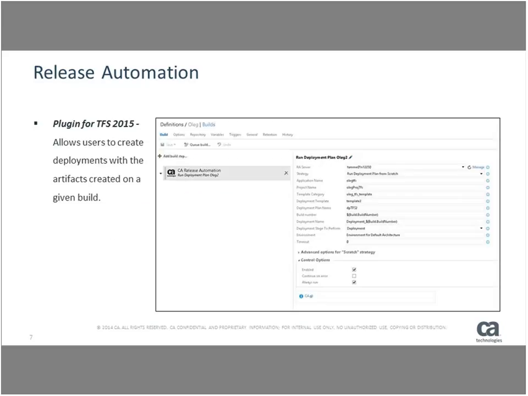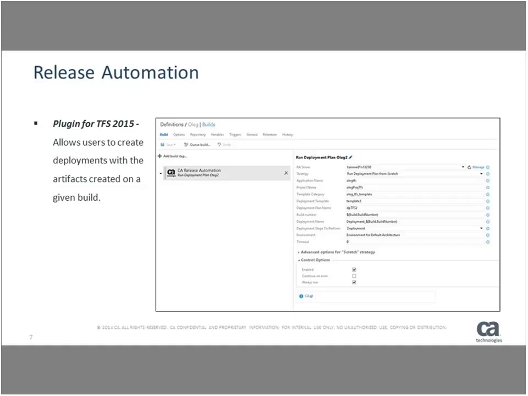We have some plugins for other CI solutions like Jenkins and TeamCity, and we are working on others as well. Those plugins allow our users to perform a continuous integration solution between these tools. So once the build is ready, you can kick off a deployment within release automation that takes these artifacts and deploys them on the testing environment.